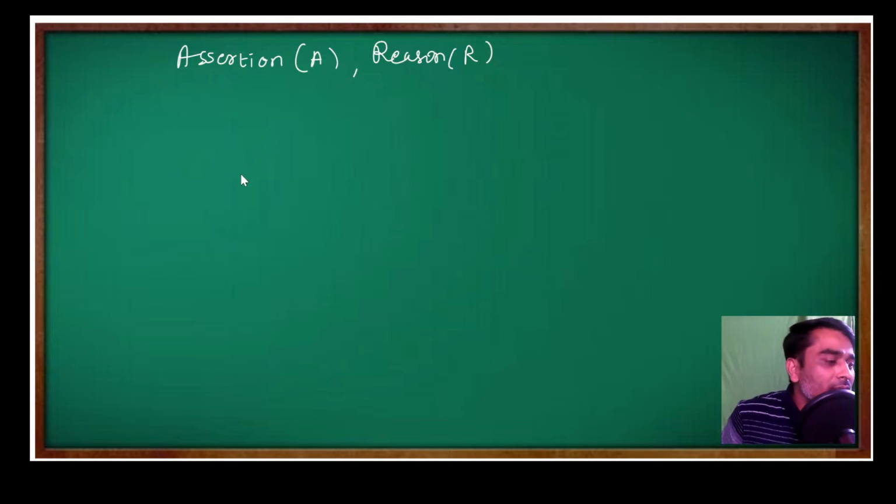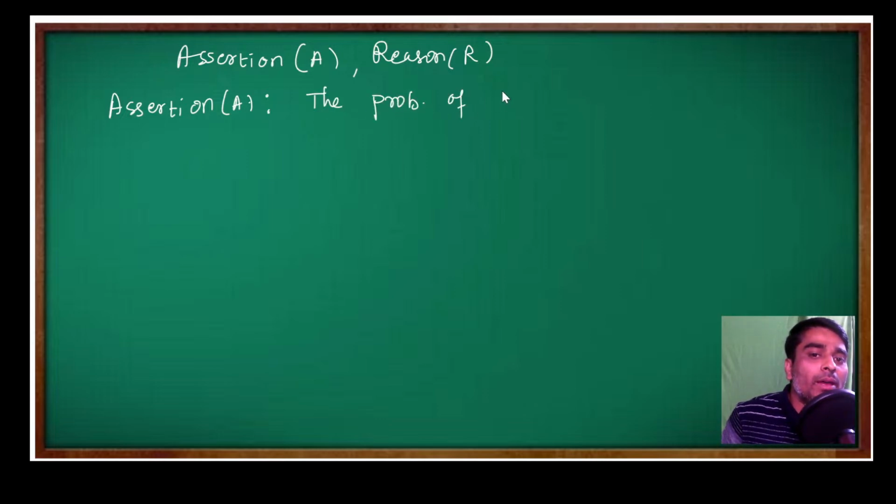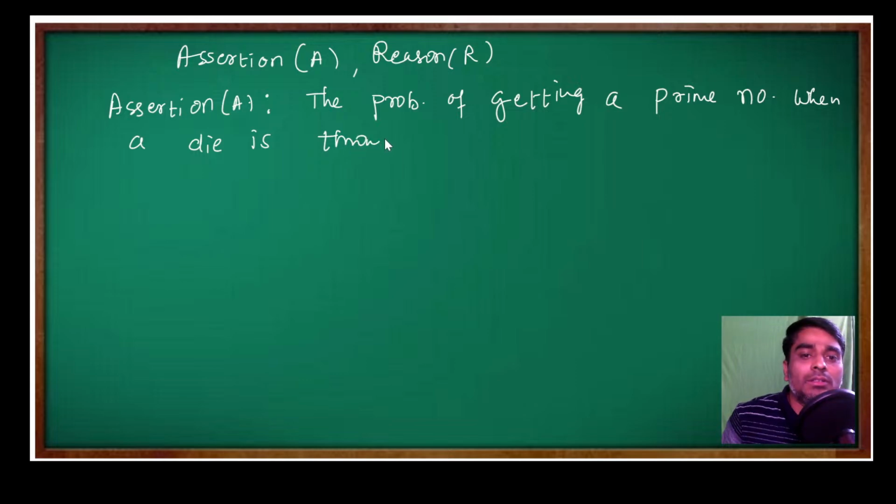Assertion reason type question. Okay. So assertion A: the probability of getting a prime number when a die is thrown once is 2 by 3.